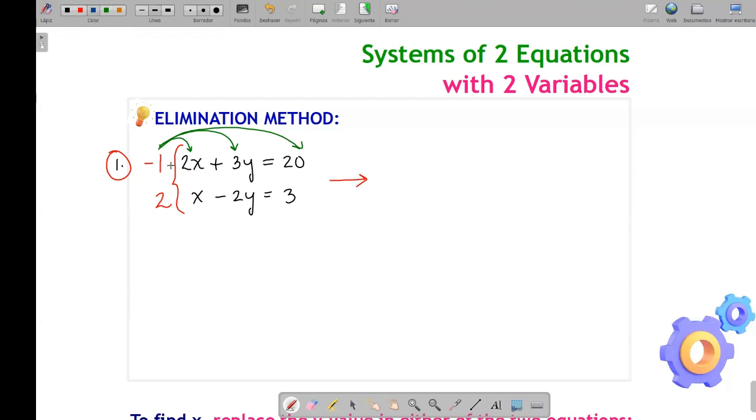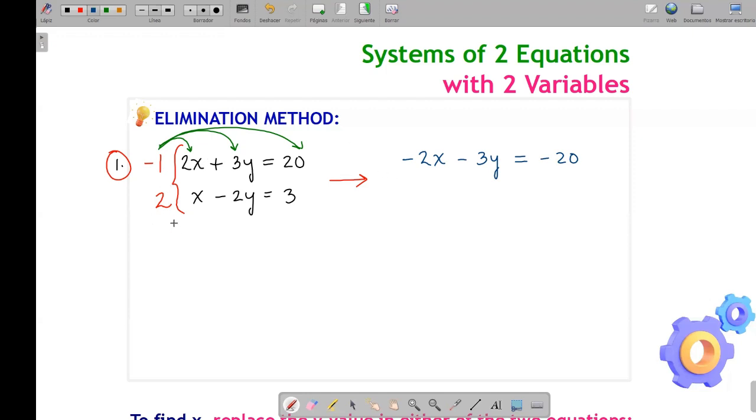Let's write: -1 times 2x is -2x. Now, -1 times positive 3y is negative 3y. As you can see, I'm applying the rule of signs in multiplication. -1 times positive 20 is equal to -20. Remember, the number that is outside the parentheses or the brace multiplies each term of the equation.